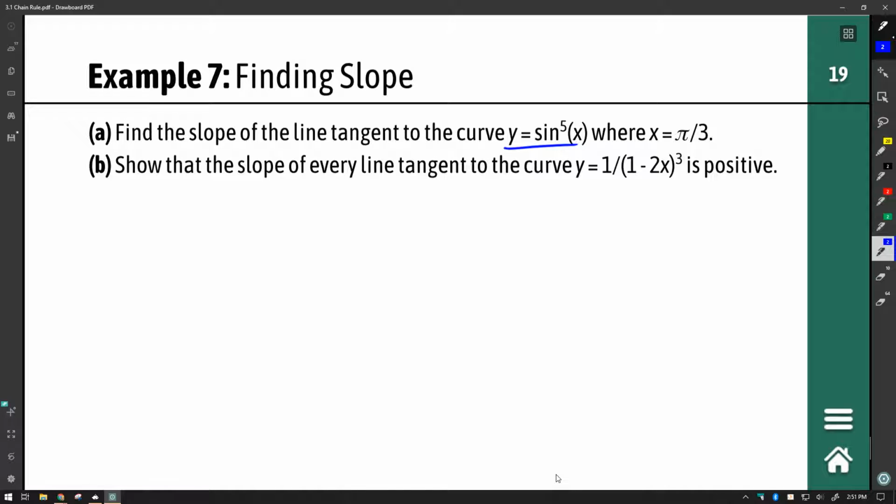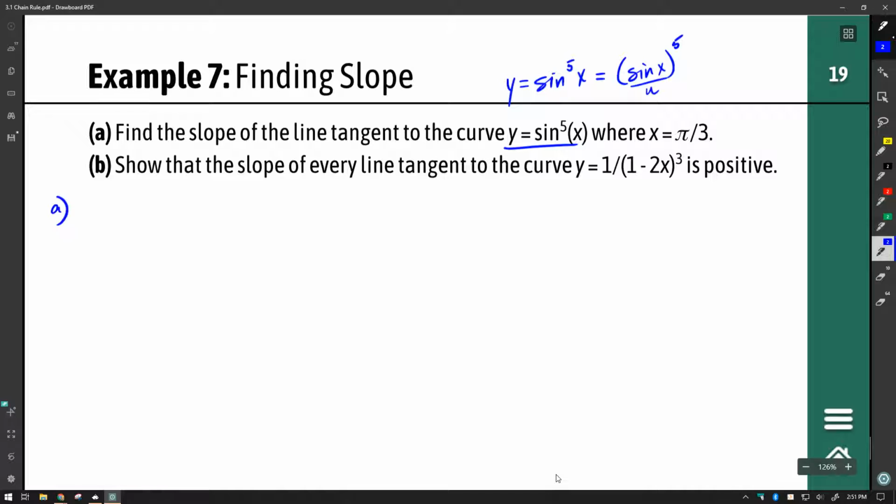Well, it's because of the way we notate trig functions to a power, because we know that y equals sine to the fifth of x is actually another way of saying sine of x all to the power of 5. And so what we look at then is the sine of x is your inner function u, and it's being raised to the fifth power as part of the outer function.